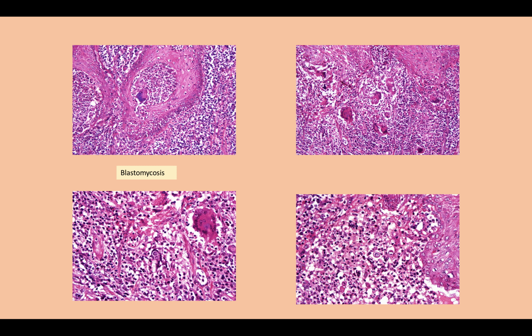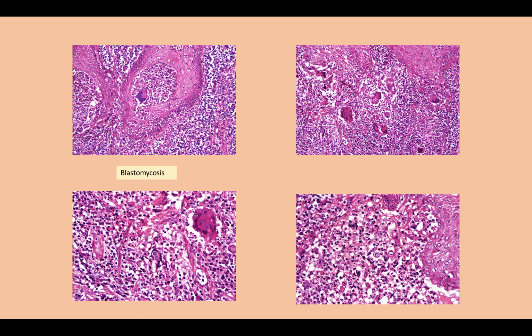So this first case that I'm showing is indeed blastomycosis, and you can see this most easily in the bottom left-hand picture, where yeast forms are showing a very thick cell wall, and they're undergoing broad-based budding. And if you look very carefully at the cell, you can see that there are multiple nuclei. So thick cell wall, multiple nuclei, and broad-based budding, those are the features that help define blastomycosis.